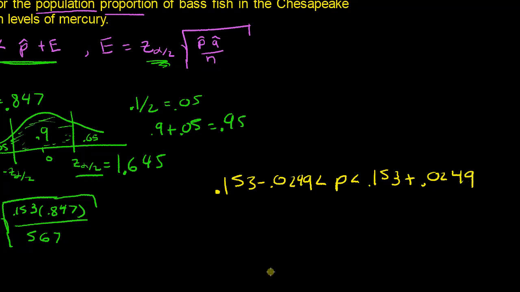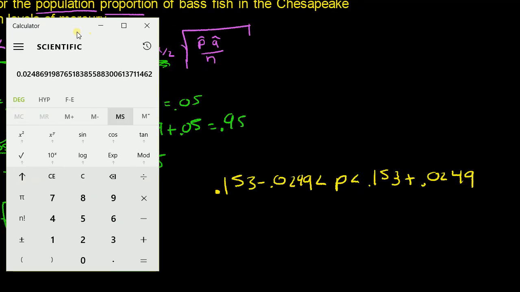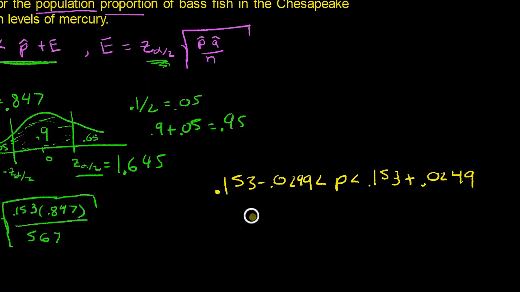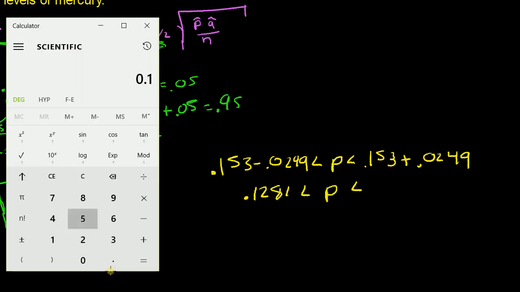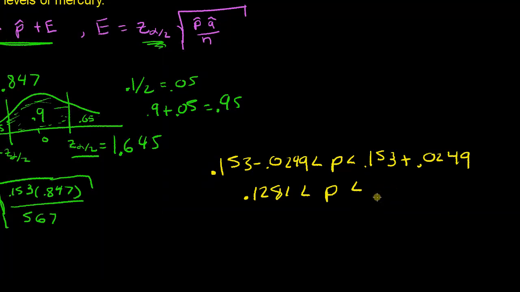All right. Pull out your calculator. Do both these calculations. So 0.153 minus 0.0249, okay, 0.1281. All right, and then 0.153 plus 0.0249, 0.1779.